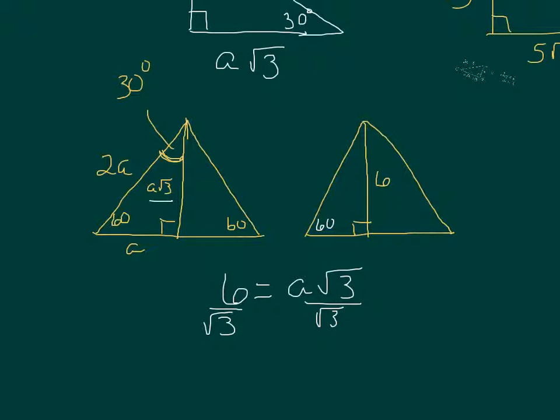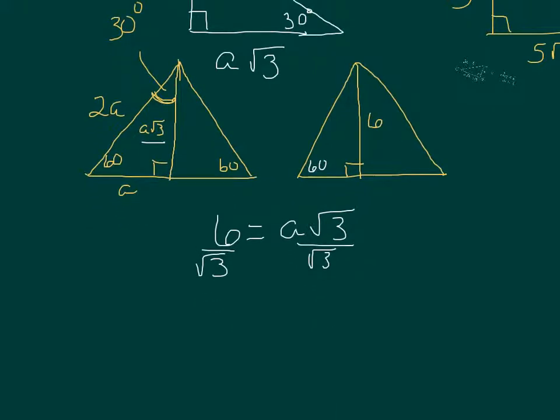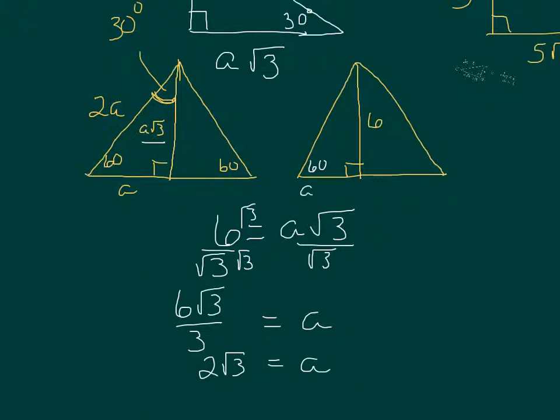All right, so when we divide that, we get 6 square roots of 3 over 3. Multiply top and bottom by the square root of 3. I skipped a step, sorry. So what is A equal to? 2 square roots of 3 equals A, which is this side, which is half of the side of the triangle.